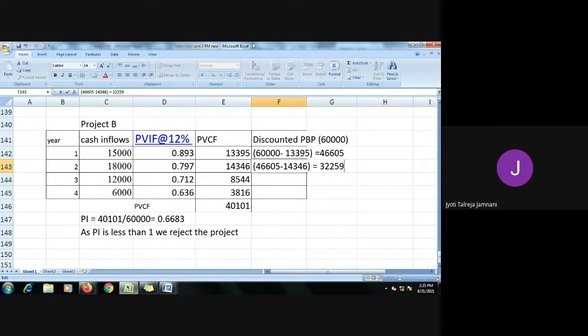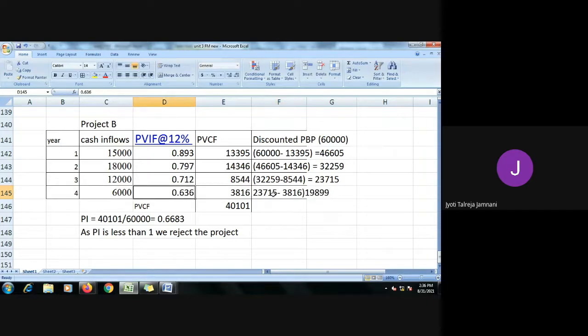Then next year from 32,259 we'll minus the cash flows 8,544, 23,715. Then last year 23,715 minus 3,816, we get 19,899.